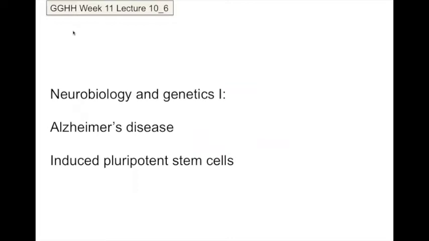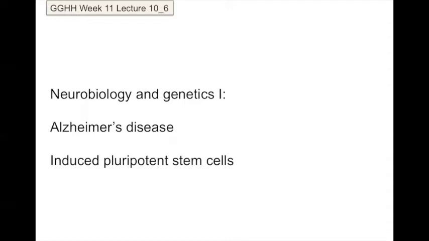In the final part of this week's lecture, we look at an application of induced pluripotent stem cells in the context of Alzheimer's disease. So what we've seen so far today is that neurological and psychiatric illnesses are genetically complex. And because of their location in the brain, they're very, very difficult to study from a molecular and a genetic point of view.